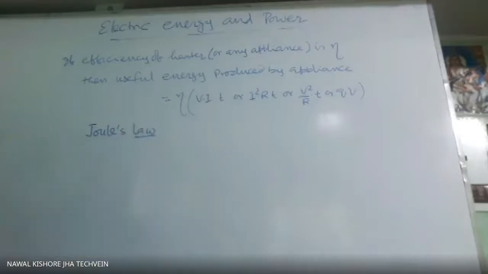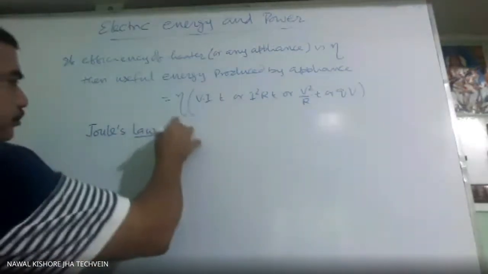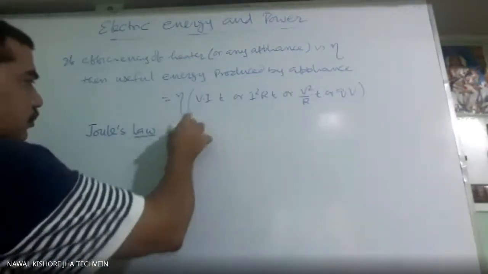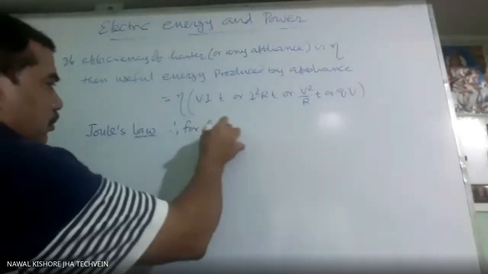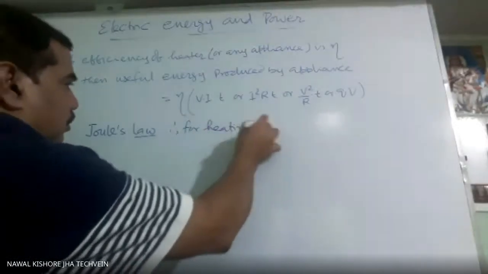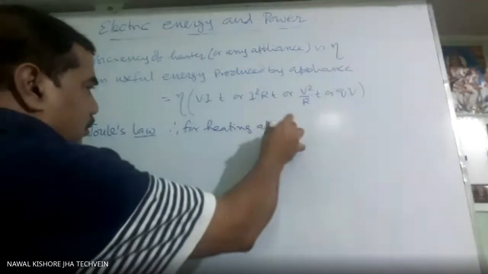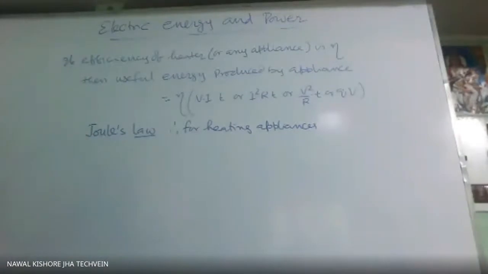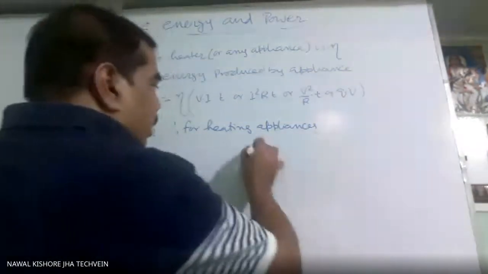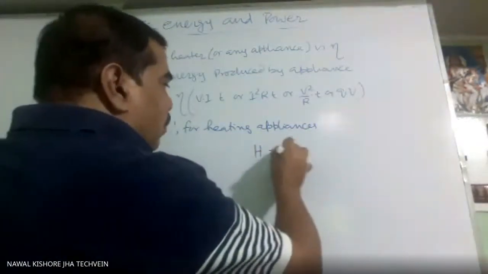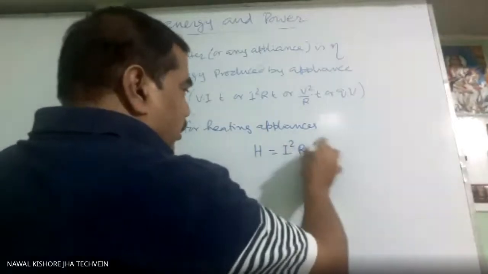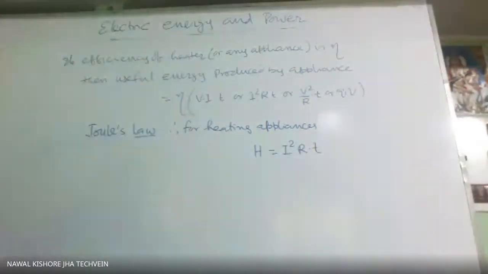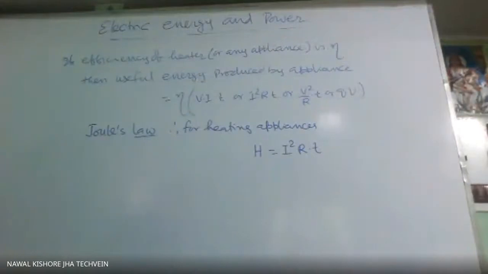Joule's law for heating appliance: this is based on the formula, and this H is I square RT. Based on this only, Joule gave the law.